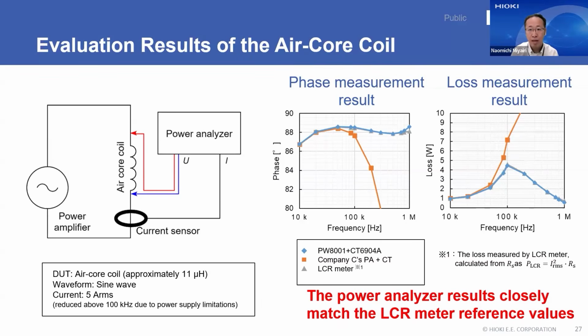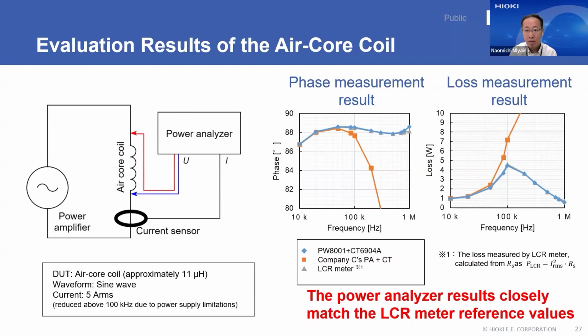Looking at the phase characteristic on the left and the loss measurements on the right, you can see that the power analyzer results align very closely with the LCR meter reference values in these regions.